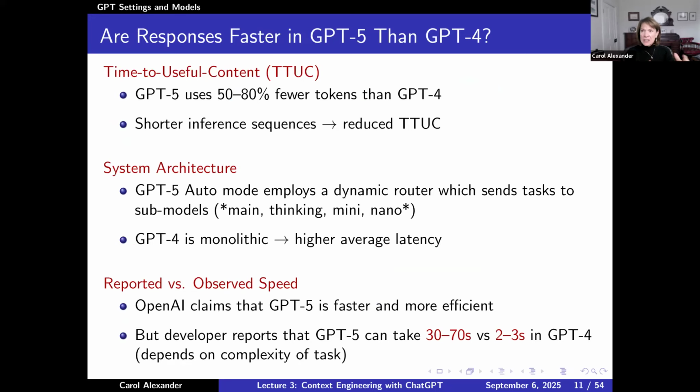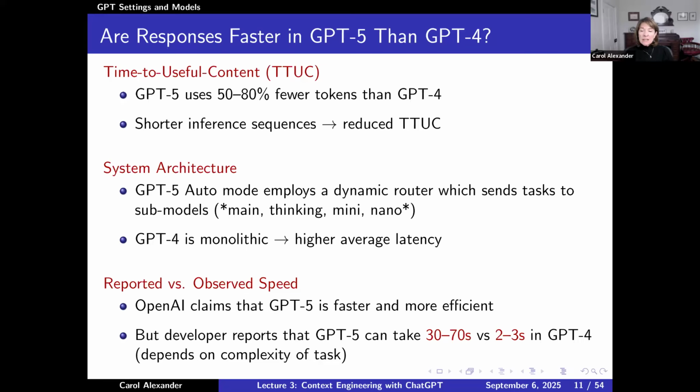Because you may see lots of things, now researching that, now I'm processing this, etc. But when you get the useful content, GPT-5 does use fewer tokens than GPT-4. So it's very effective in its inference sequences. As long as it's not thinking too hard, particularly in the thinking light mode, the inference sequences are much shorter. So you have a reduced time to useful content.